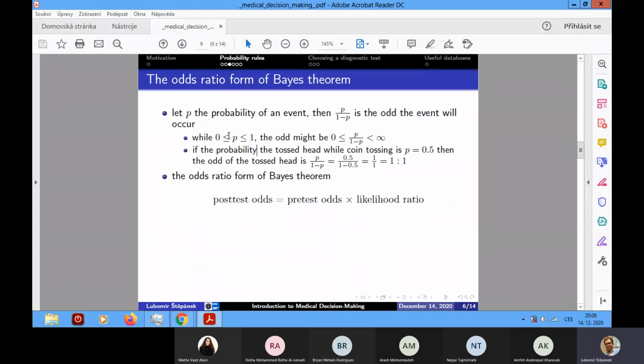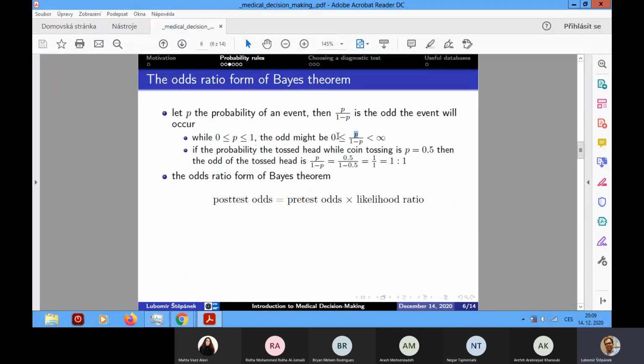Because if p is between 0 and 1, the fraction p over 1 minus p still has to be a positive number: both the numerator and denominator are positive, so it has to be positive.